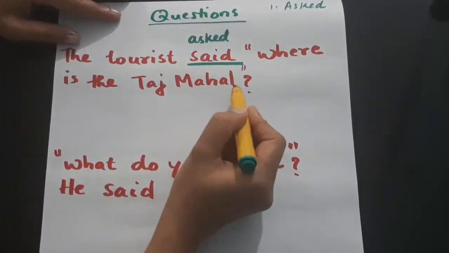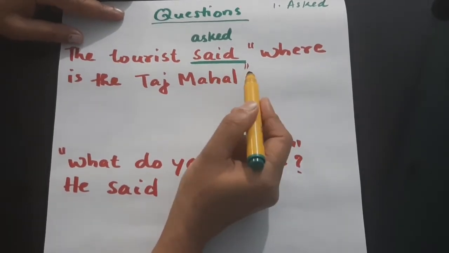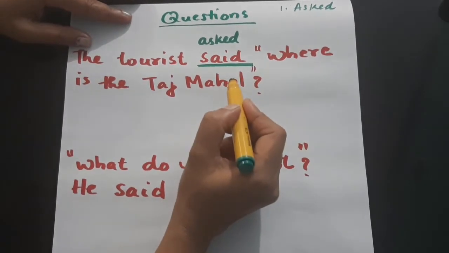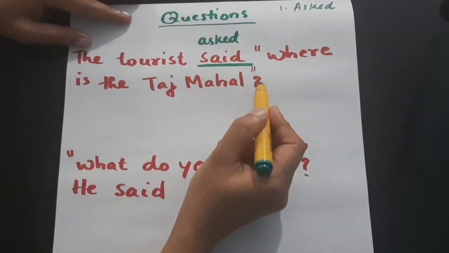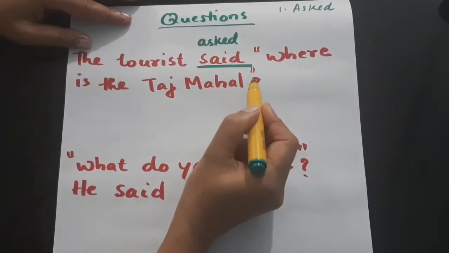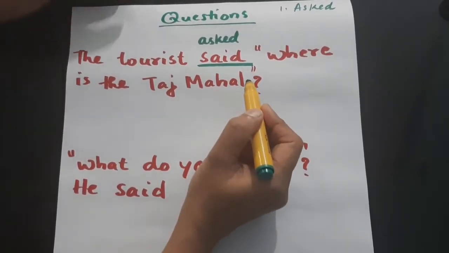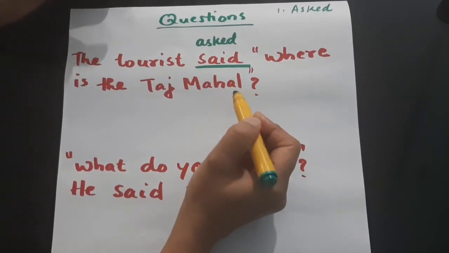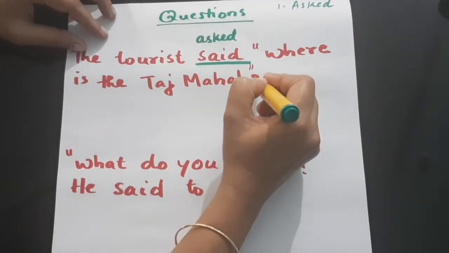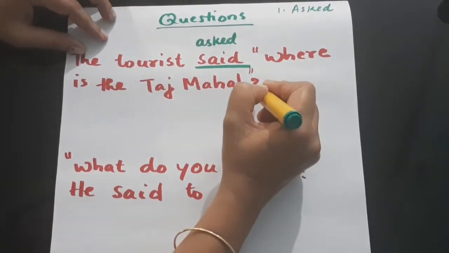You know, this is a question. So you have to change the question format, this question form, to declarative form. That is, you have to convert this question form to statement form. Okay, declarative form. And you must not use question mark.